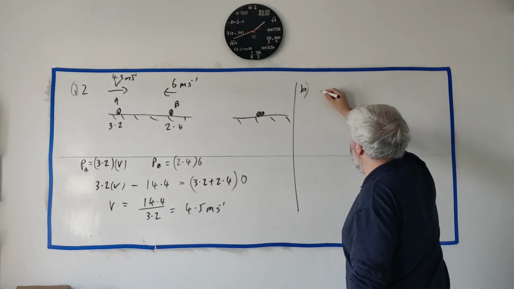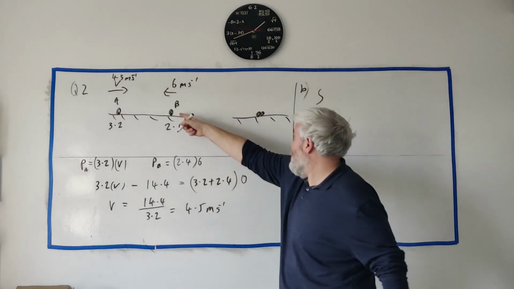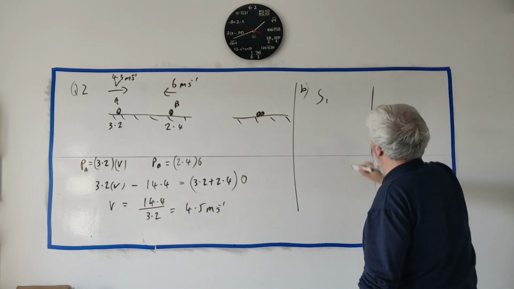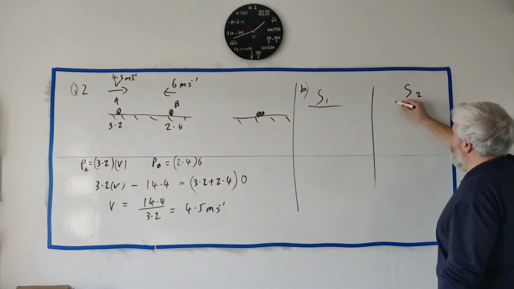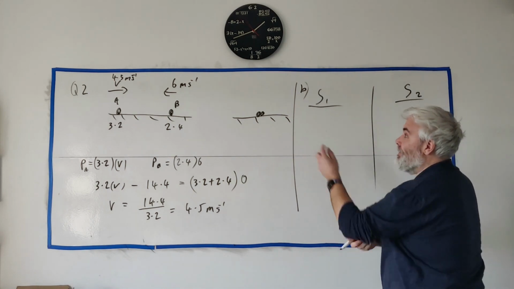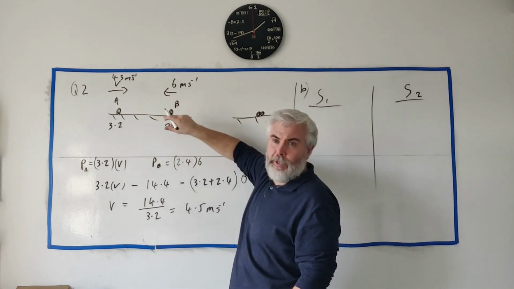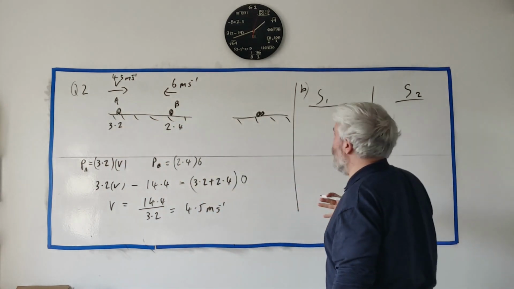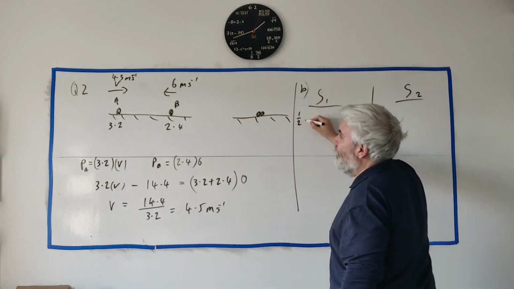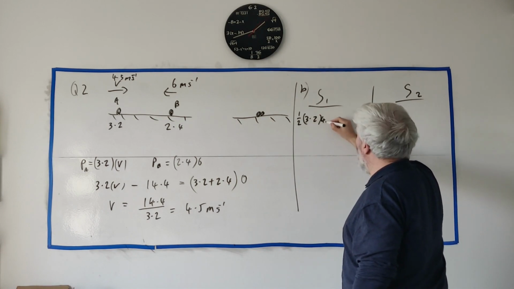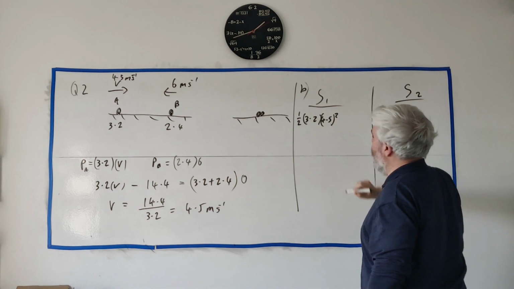So again, let's do this as two states. State 1 is this image, state 2 is that image. The energy at the start of the system: there's no potential energy from either of them, so it's two kinetic energies. It's a half times 3.2 times 4.5 squared.